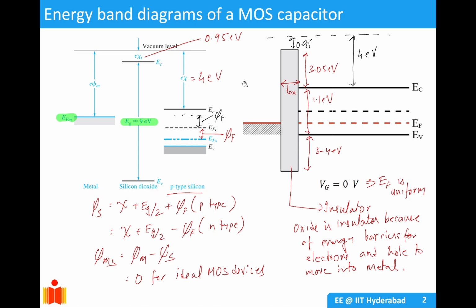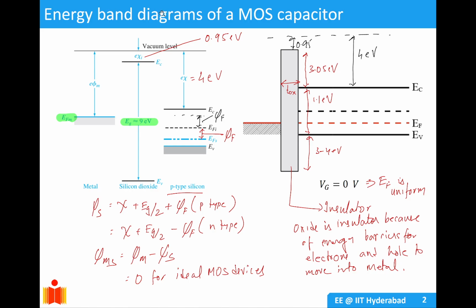Last week we had studied a MOS capacitor, meaning metal oxide semiconductor. So you have a metal and a semiconductor, and there's an oxide in between, which acts as an insulator. And so the metal side and the semiconductor side act as the plates of a parallel plate capacitor.